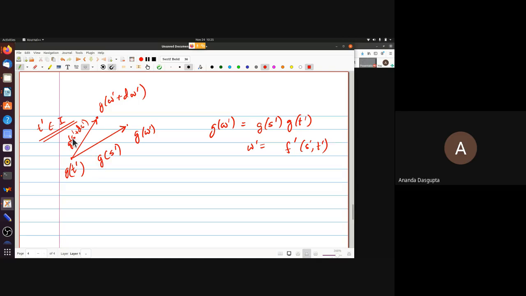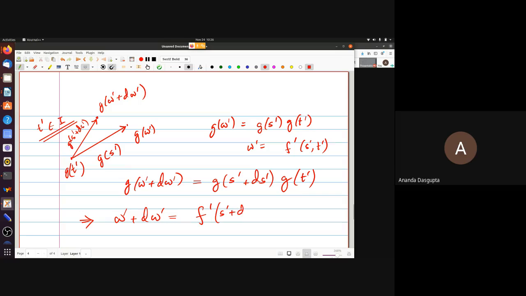Of course, what we are going to claim is that because our parameterization is smooth and continuous, if you change S prime slightly, the parameter W prime is going to change slightly to W prime plus dW prime. This tells us that W prime plus dW prime, the parameter, is nothing but the function f prime, where you get the arguments S prime plus dS prime and T prime.